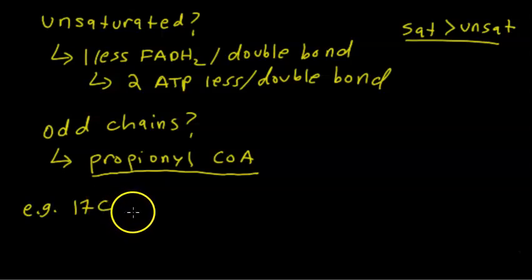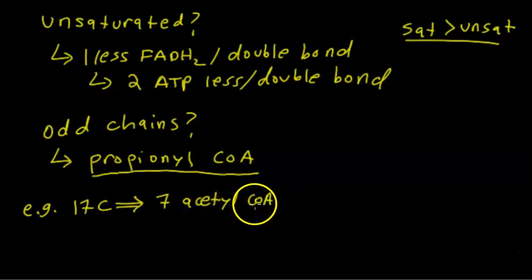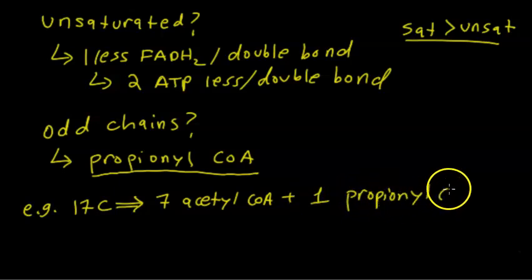You know that for a 16 carbon molecule, you make 8 acetyl-CoA molecules. But for a 17 carbon molecule, you're actually still going to have 7 cuts. But in this case, you're going to make 7 acetyl-CoA, but the last one will not be an acetyl-CoA, it will be 1 propionyl-CoA. So that's the only thing I wanted to point out.